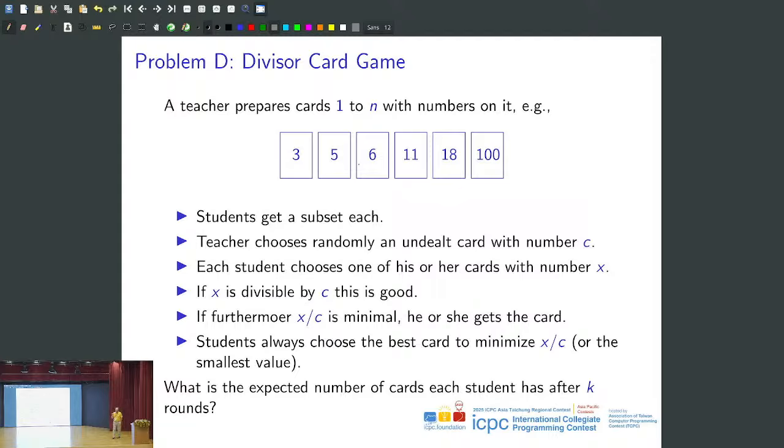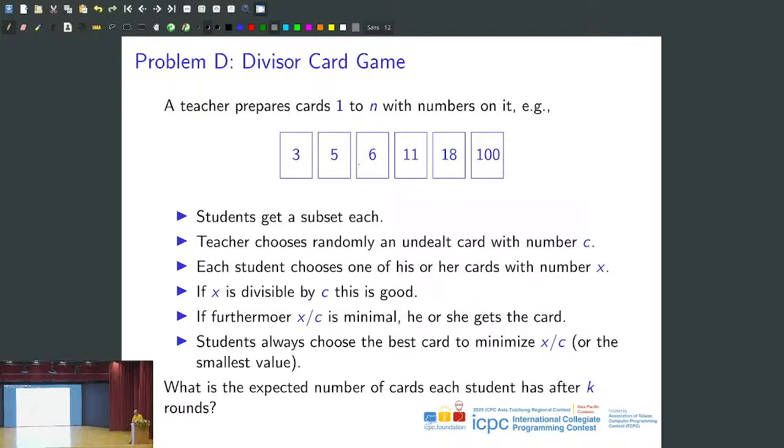The teacher has some cards given to the students, and now the teacher chooses a card randomly and puts it there, and now the students also have to choose some card, and they can win this card, or it's discarded, or some other student can win it.